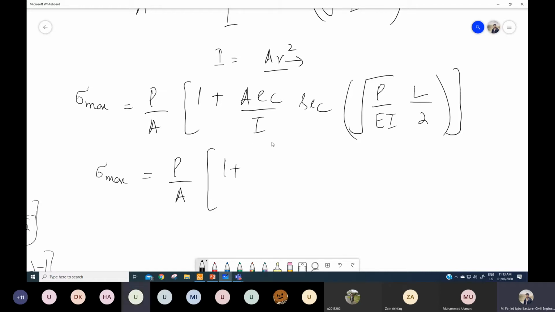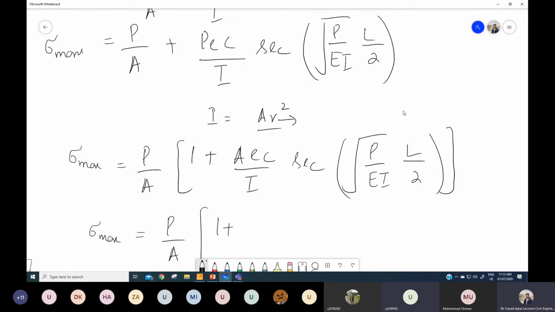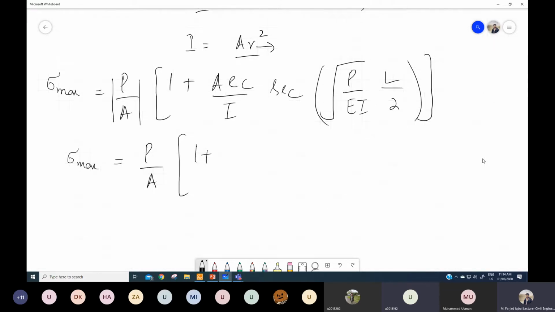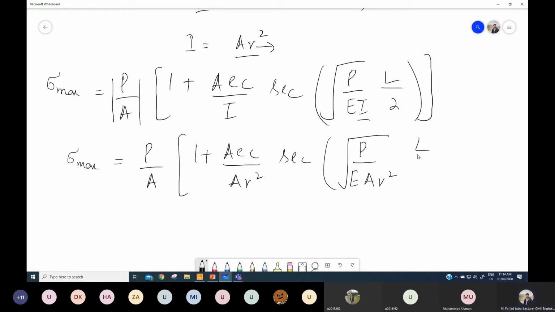Student: How did this A come up, sir? I have taken this P over A factor as common, right? P over A. Over here there was no A, so I have to add an A. When you multiply it again, that will be the same equation. So this I is A R square secant. Into, there is an I over here as well, that is P over E into A R square L over 2.